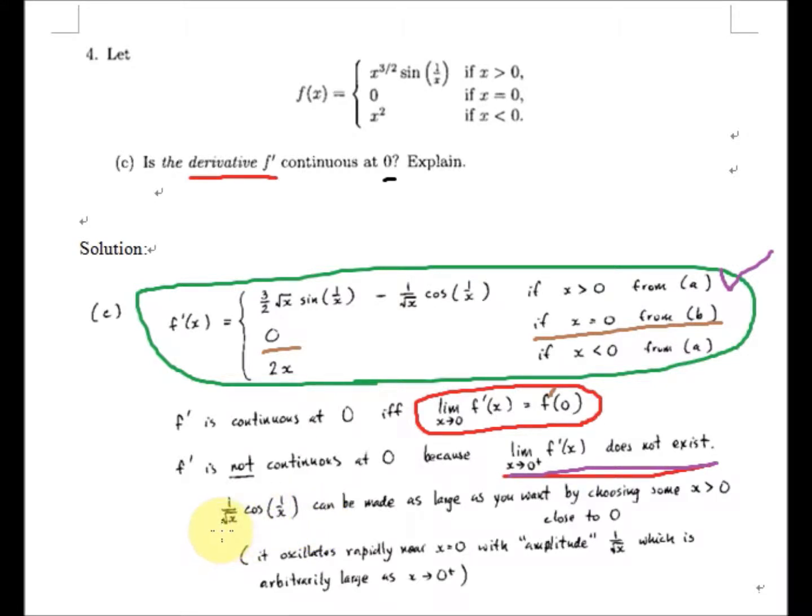The solution brings this one, and they tell you that this can be made as large as you want by choosing some positive number that is really close to 0. Because here you will have 1 over a really small number, so that's going to be a really large number. And this is oscillating near x equals 0.